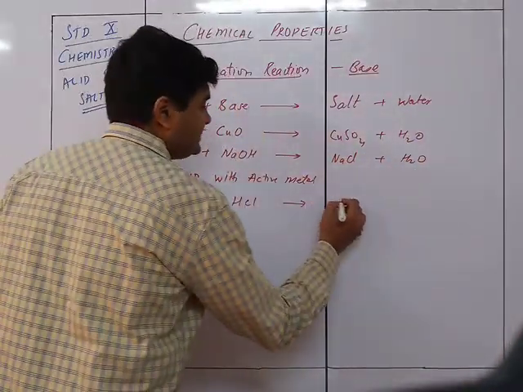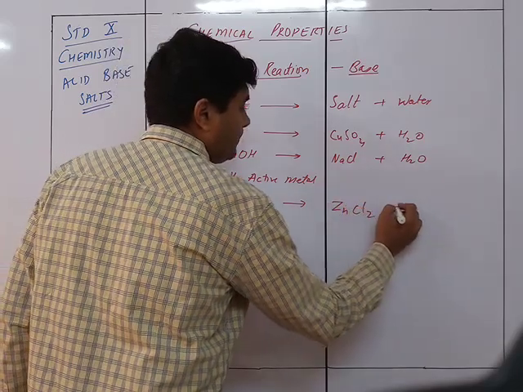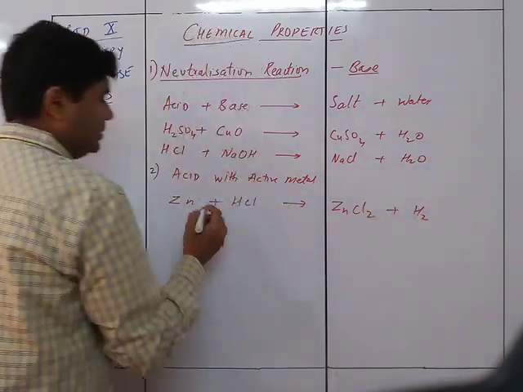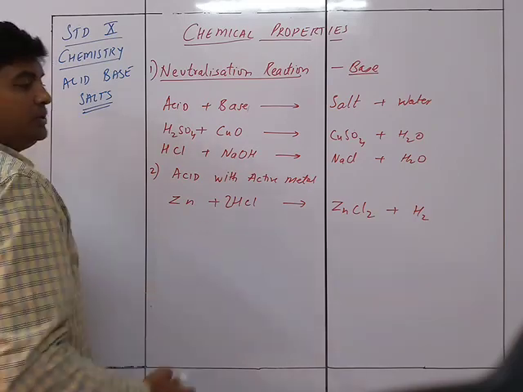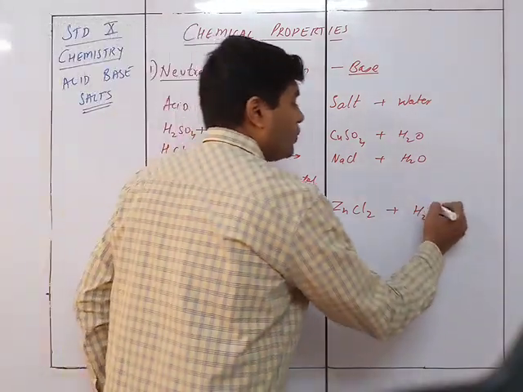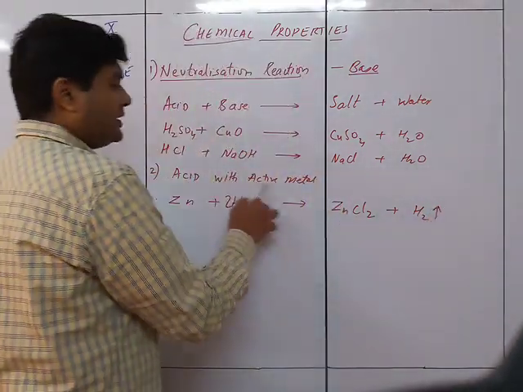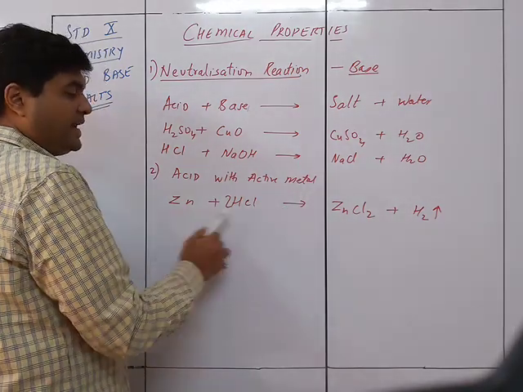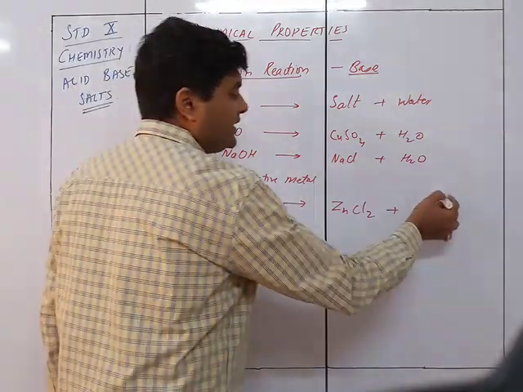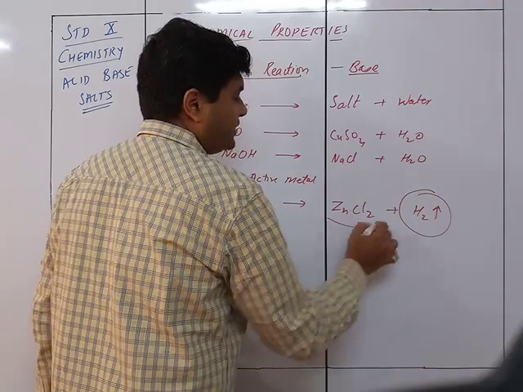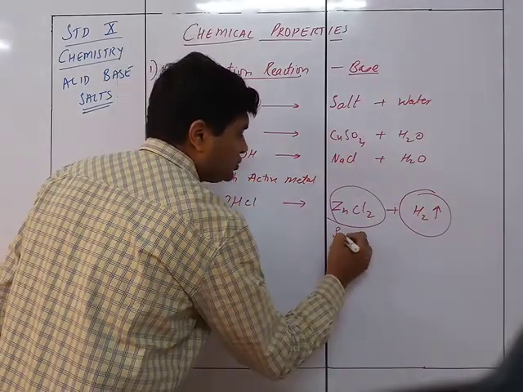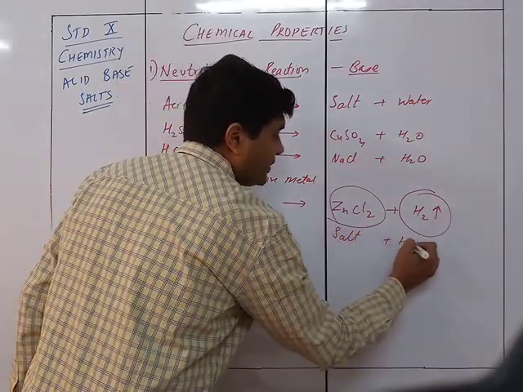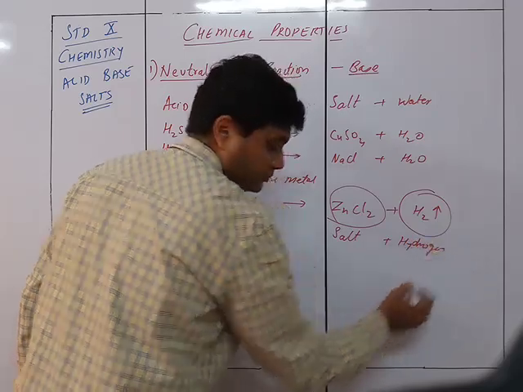Hence we get ZnCl2 plus H2 gas. So this is how the reaction takes place, that whenever an active metal reacts with an acid, hydrogen gas will be released and a salt will be formed. So it will be salt plus hydrogen gas.